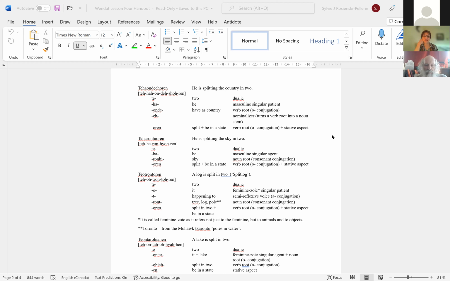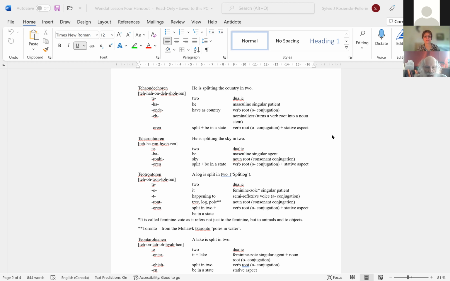Now, you can convert a verb into a noun stem by adding sh. So Ondasha means country. You add the nominalizer, and it makes it a noun. And there are a lot of nouns that came from verbs.